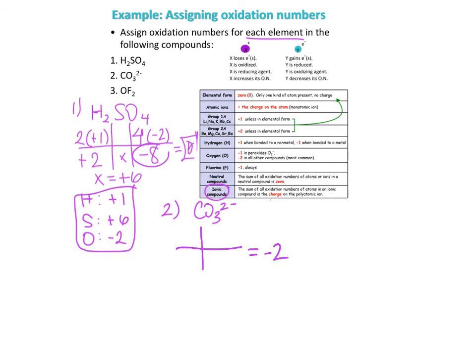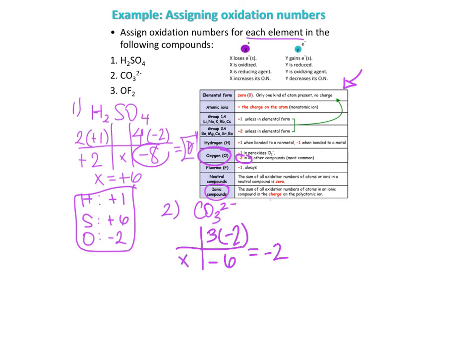So you're always going to have a known and an unknown for determining oxidation numbers. The knowns are the ones that you have directly from the rules. So for example, oxygen, we have -2 in all other compounds. This is not a peroxide. So we have 3 of them. Each of them is -2, so in total, this contributes -6. So here we have x minus 6 equals -2.